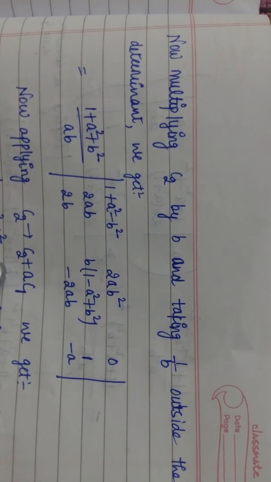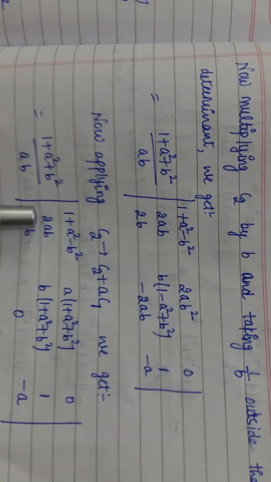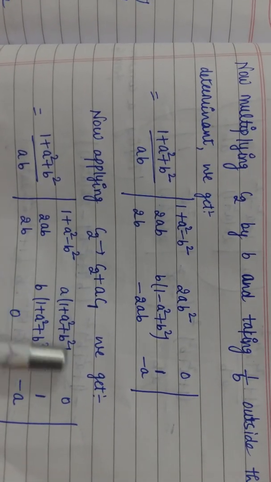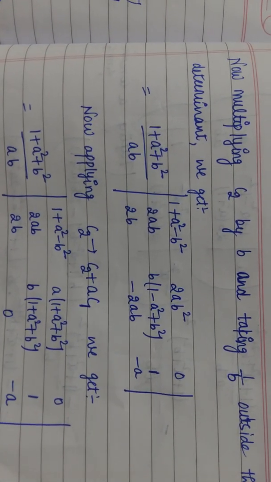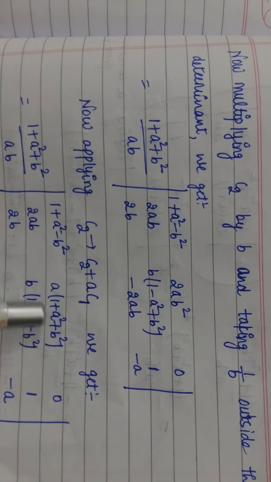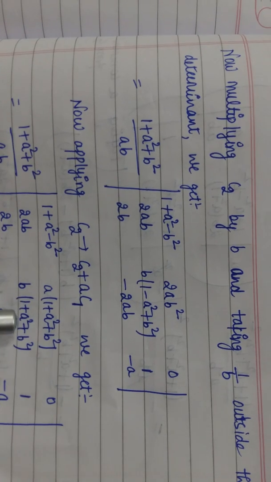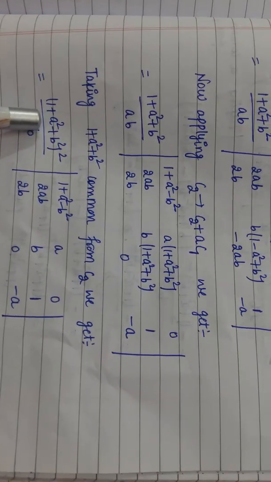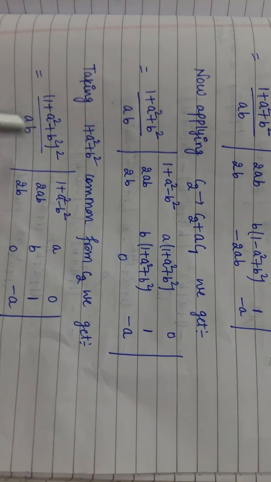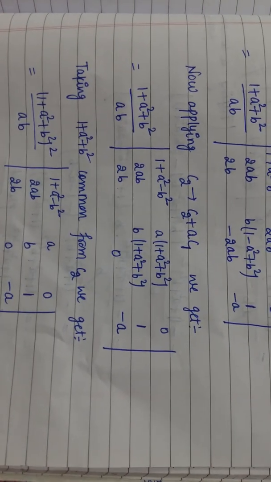By easy calculations, the first column remains the same, the entries of the second column become like this, and the third column remains the same. Again, we can take 1 plus a square plus b square common from the second column, and we get (1 plus a square plus b square) whole square by ab outside the determinant.